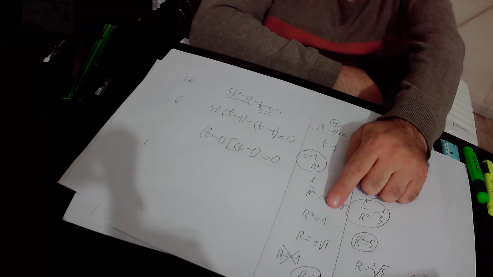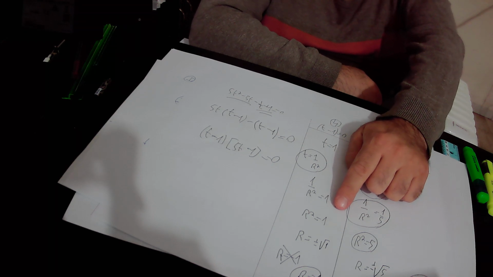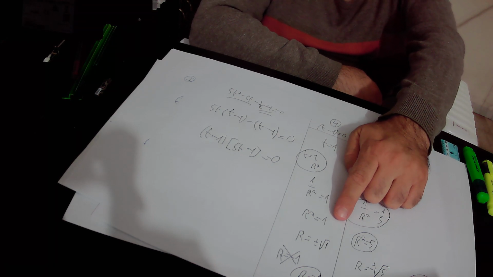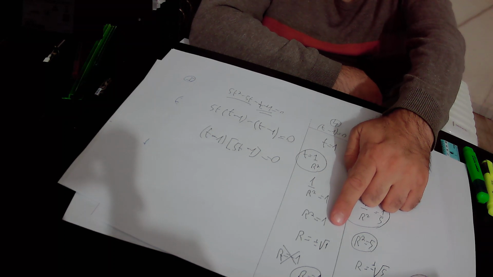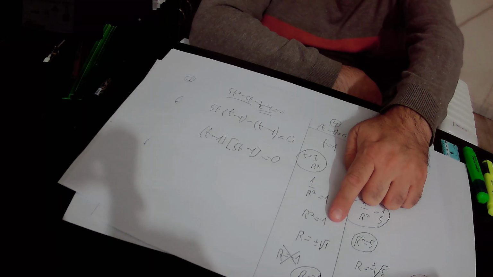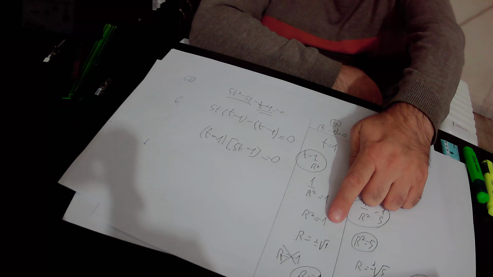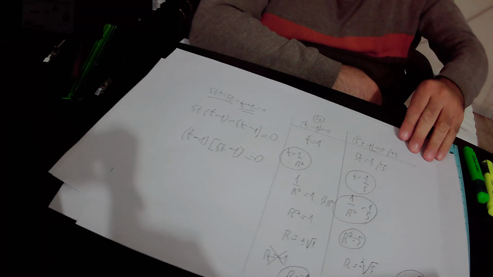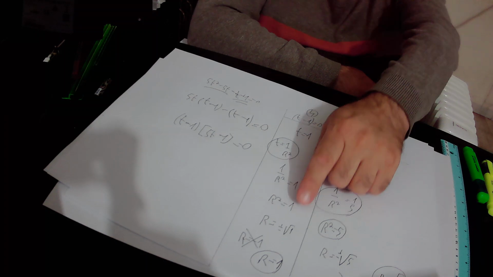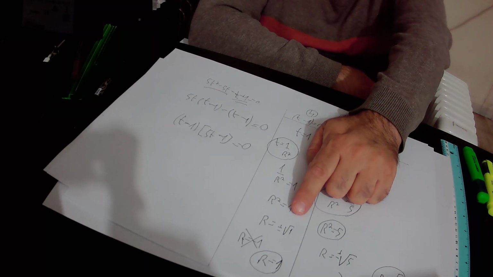Then we took a root of this equation and found out that r equals plus or minus the square root of 1. The negative square root of 1 is minus 1. But minus 1 is not possible because the radius is a length, and length must be a positive number. So we cancel this solution and we are left only with the positive square root of 1, that is 1.